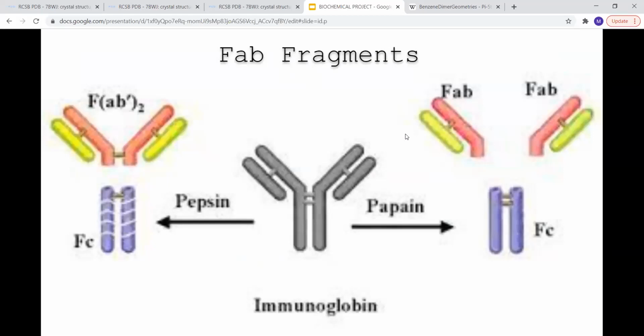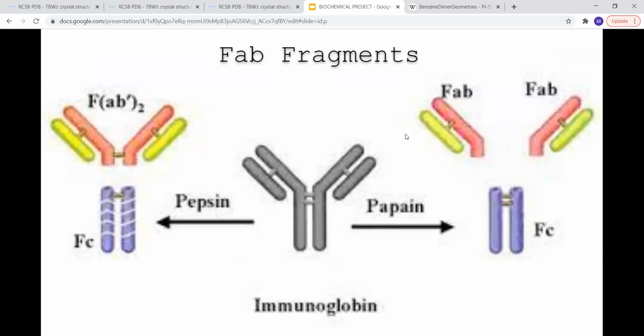The variable domain contains the paratope, which is the antigen binding site, comprising a set of complementary determining regions at the amino terminal end of the monomer. Each arm of the Y-shaped antibody thus binds an epitope on the antigen. There are two ways to create FAB fragments.